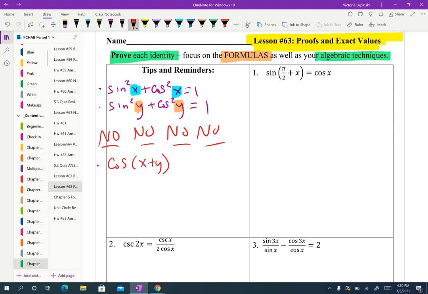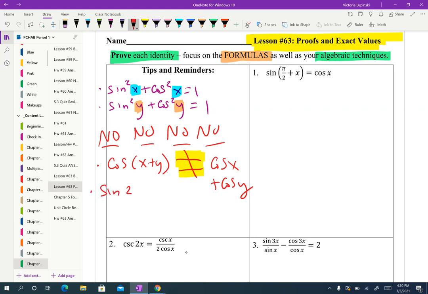If you were to find the cosine of x plus y, there is a formula that is not equal to the cosine of x plus the cosine of y. Not equal, not ever. There's a formula. It's a cos cos minus a sine sine. Please do not distribute. That does not work. If you make that mistake, unfortunately, it shows me that you know nothing about this unit, so don't be that guy.